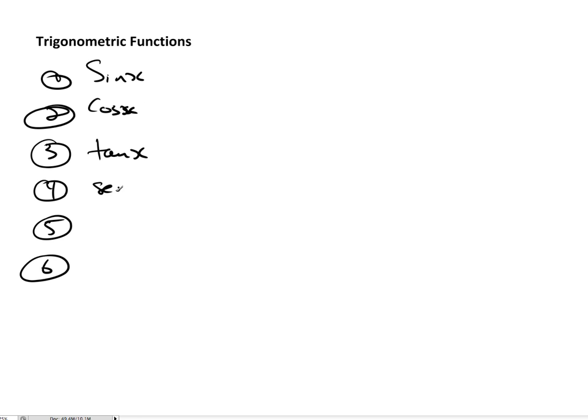Secant of x is 1 over cosine. There's cosecant of x, that's 1 over sine. And cotangent of x. So here are the 6 trig functions. I'll talk a little bit more in detail about these functions and define them for you later in another video.